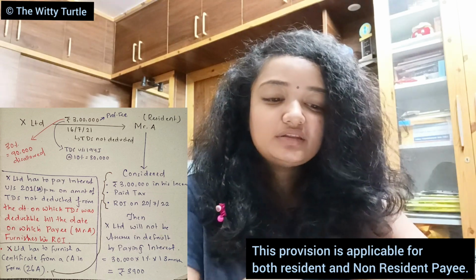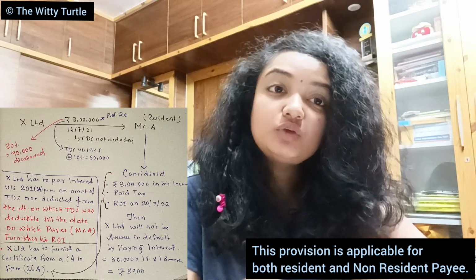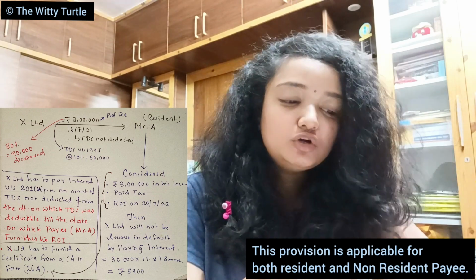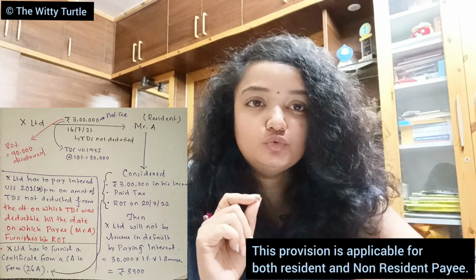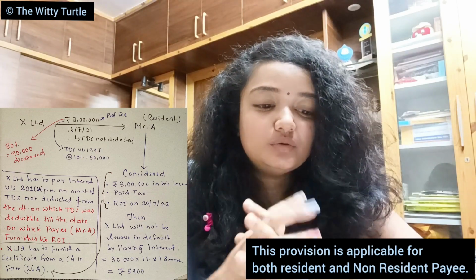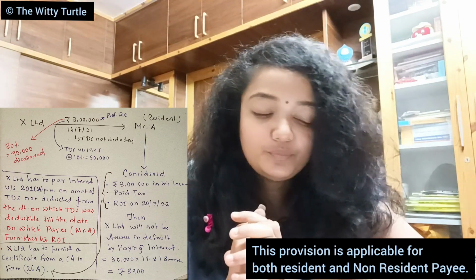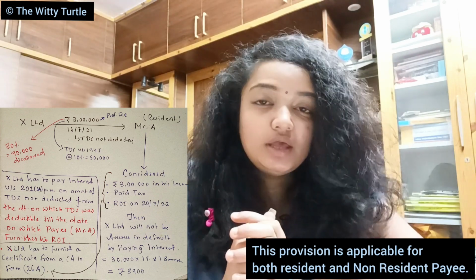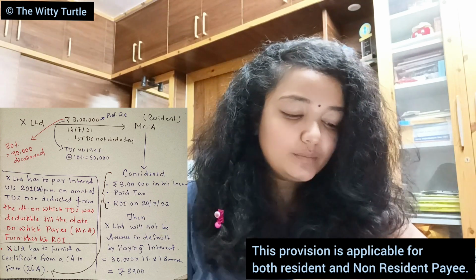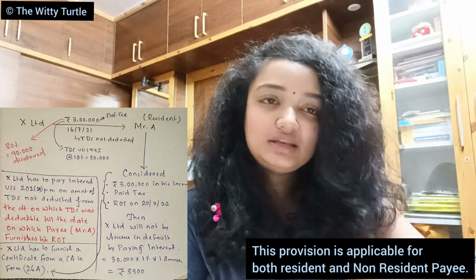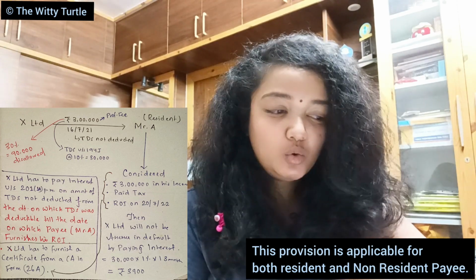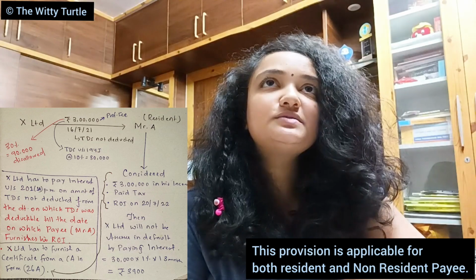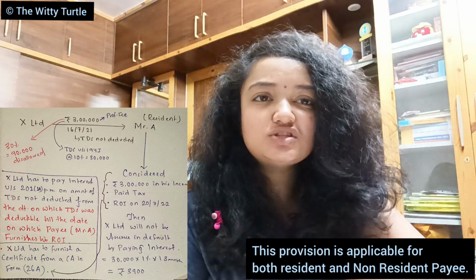You calculate, that is from 16th of July 2021 to 20th July 2022. If you calculate it, it will be 13 months. So for 13 months the interest has to be paid. So the interest amount will come as 3,900 rupees. Okay, understood?